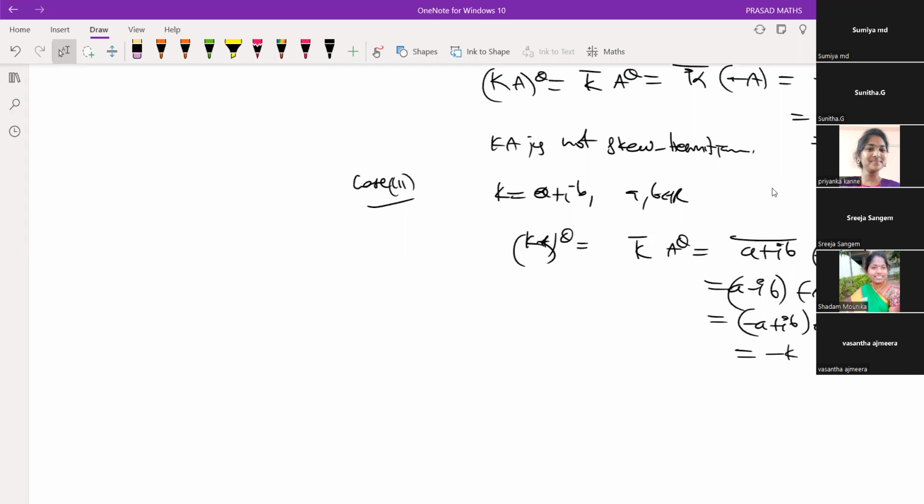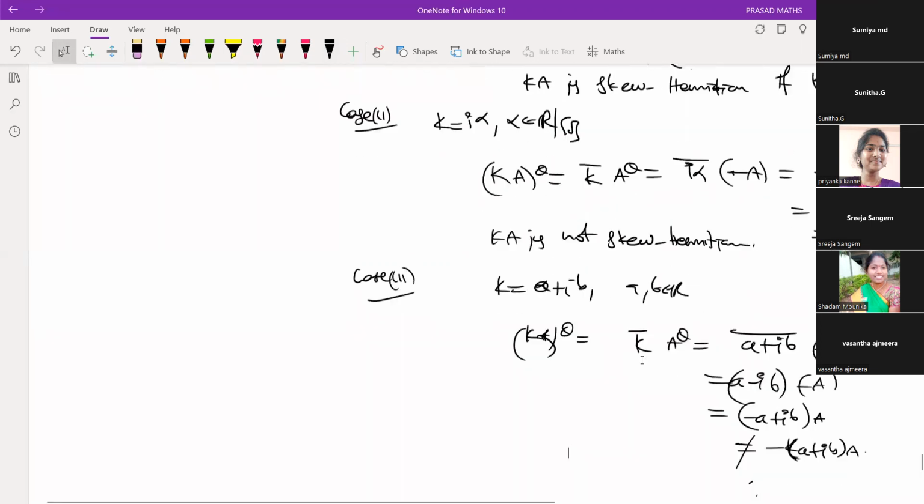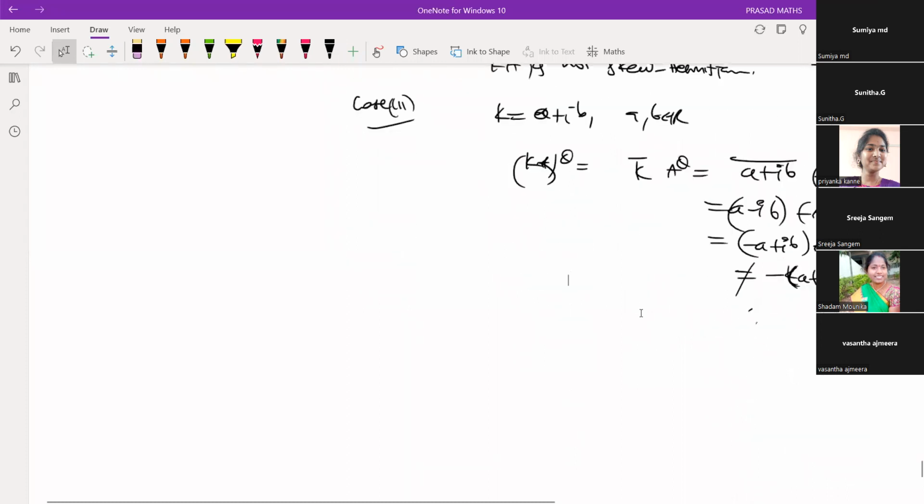Is it minus of KA? Is it minus of a plus ib into A? No, sir. So therefore it is not skew Hermitian. Whenever K is a complex number, it is not skew Hermitian.